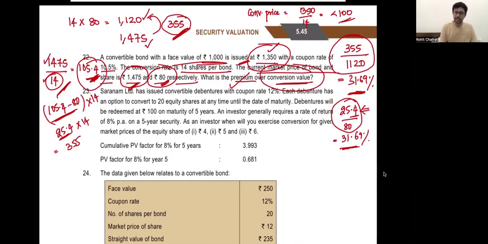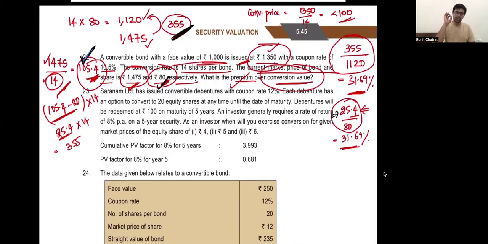I'm calculating the implicit price that we are paying, which is equal to 105.4, against the actual market price of 80. Therefore, I'm paying a premium of 25.4 on a per share basis. That 25.4 multiplied by 14 is also going to give you the 355 that we originally calculated.